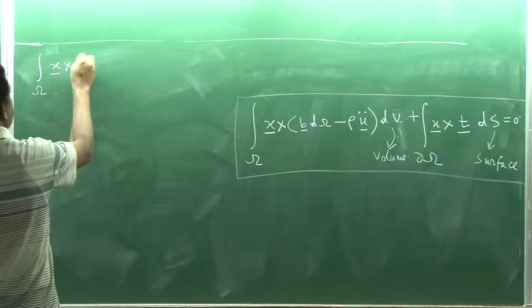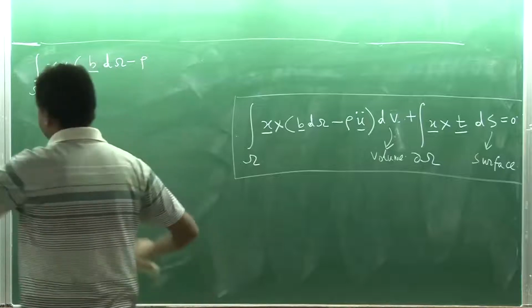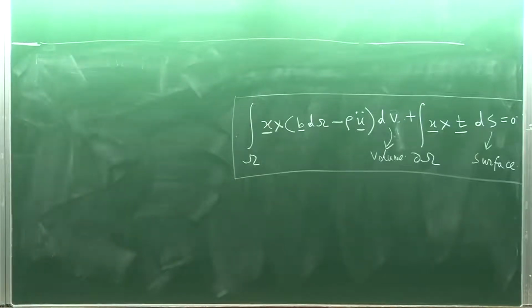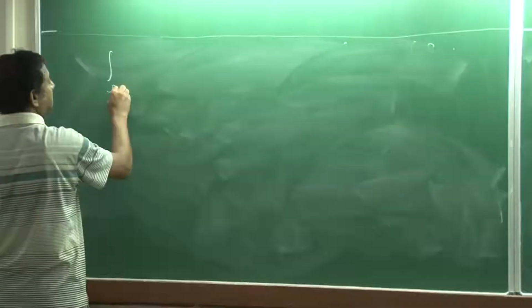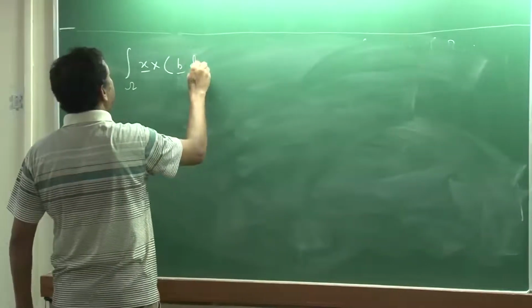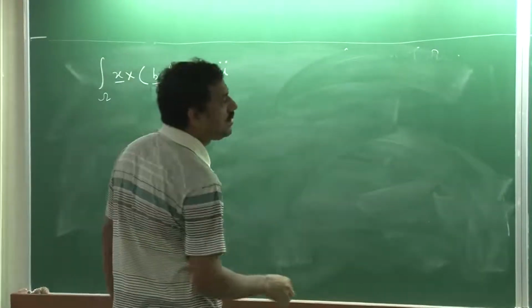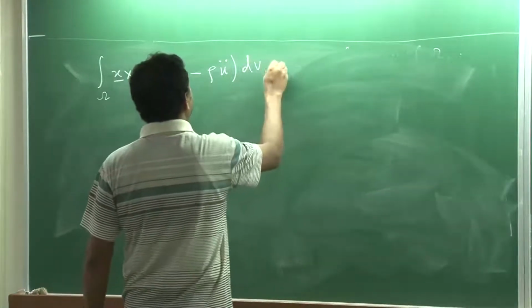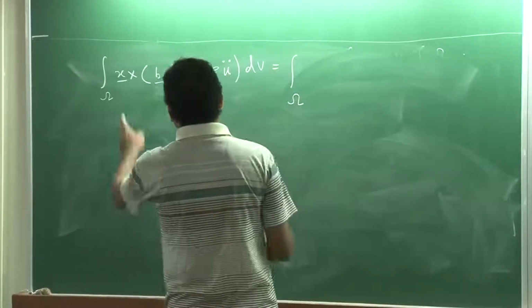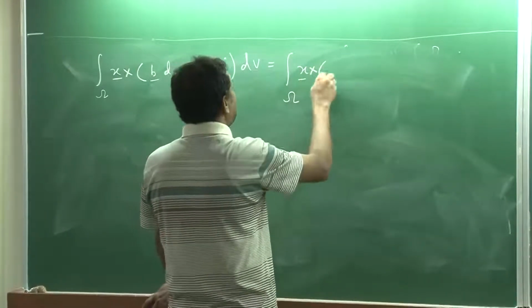X bar cross b bar d omega minus rho, or I will use this portion, because then I will substitute it there, so that it becomes very simple. The first portion of this equation is nothing but x bar cross b bar omega minus rho u double dot dv. I am writing everything in terms of, I will just convert everything in terms of the undeformed configuration.